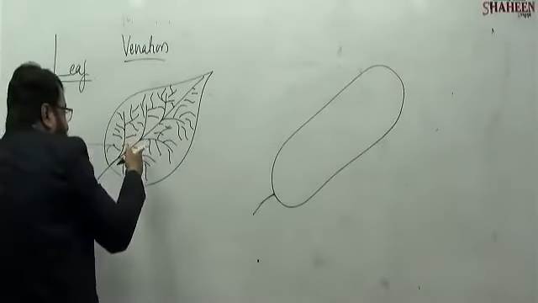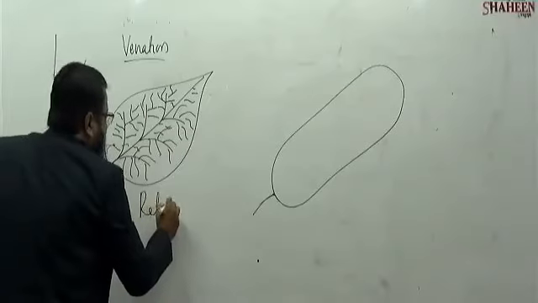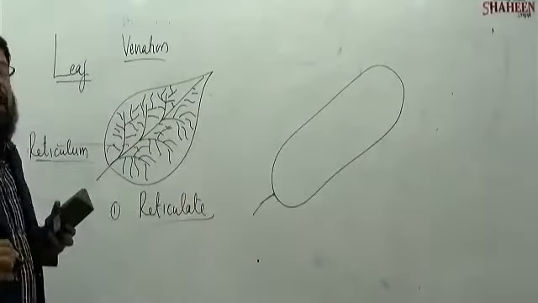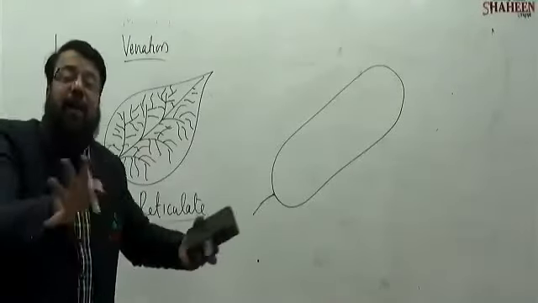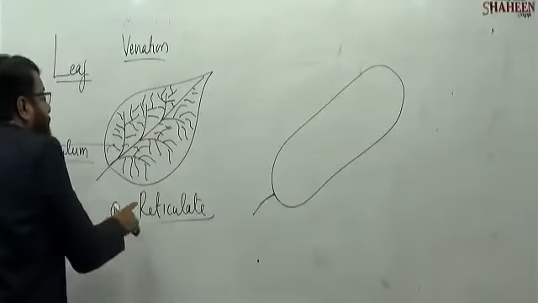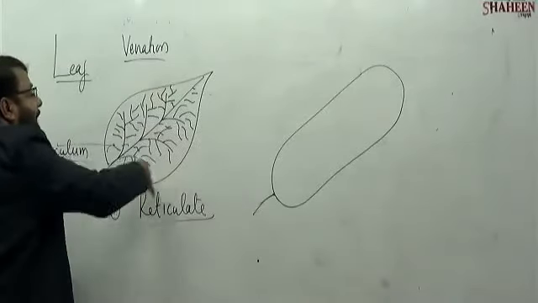And this type of venation is called reticulate venation. A network is formed, and the network is called reticulum.